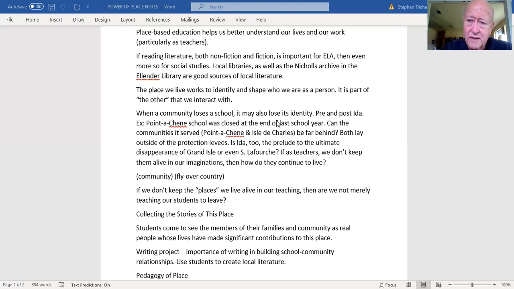And I realized really in the late 70s as an undergraduate and then as a history grad student that we're just losing our people. We're teaching people to leave.